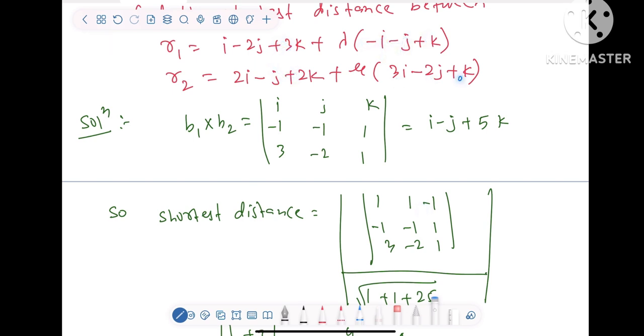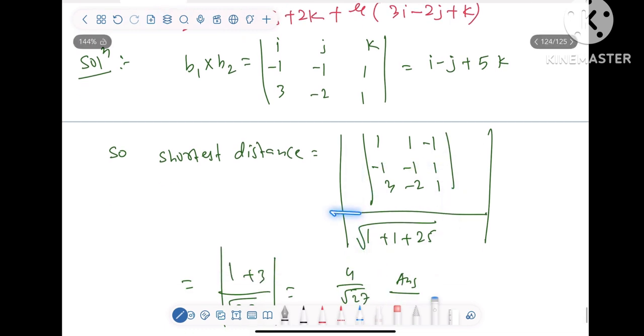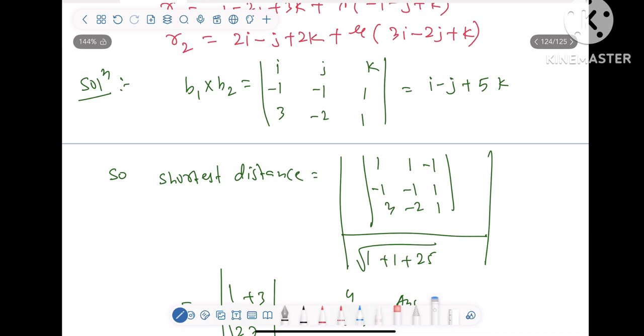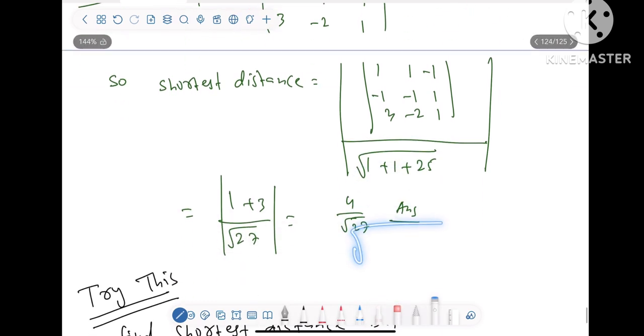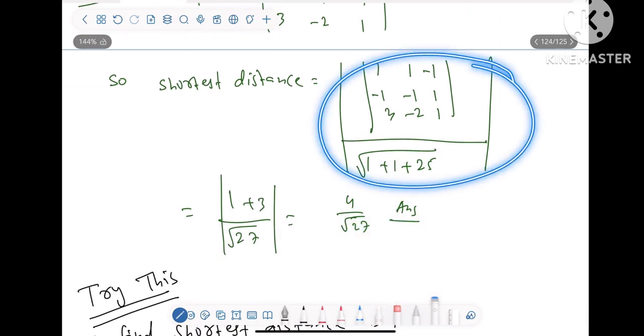The determinant divided by the modulus of b1 cross b2. How can you find the modulus of a vector? It is the square root of the coefficient of i squared plus the coefficient of j squared plus the coefficient of k squared. By solving this expression, we get the answer.